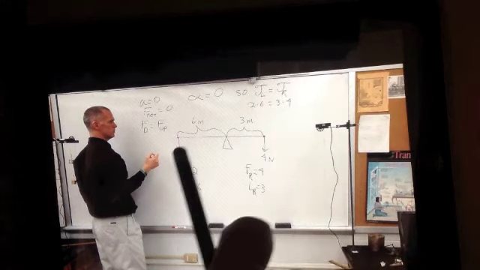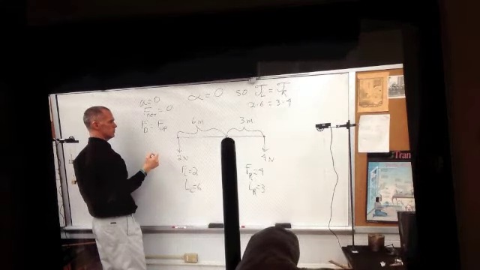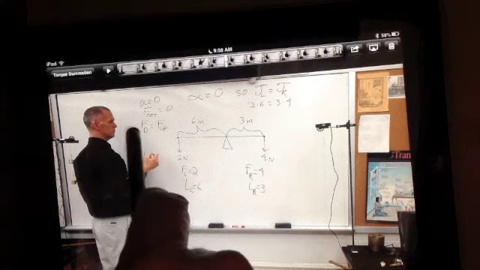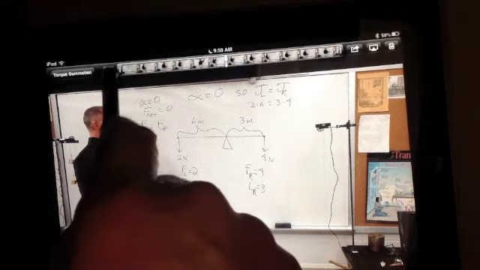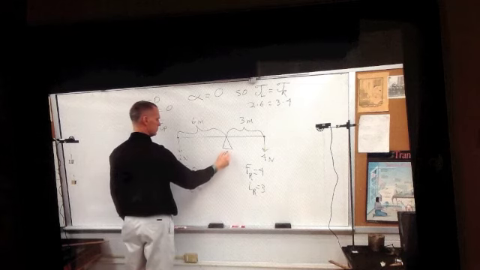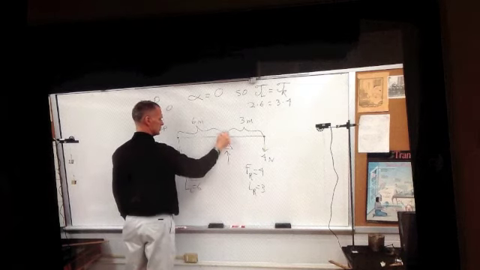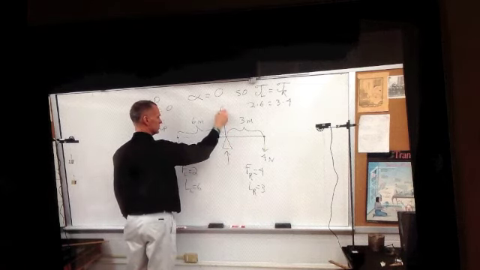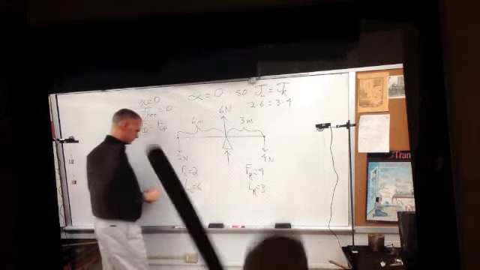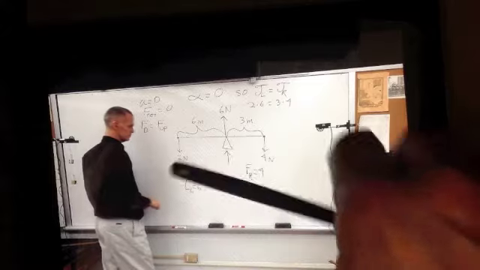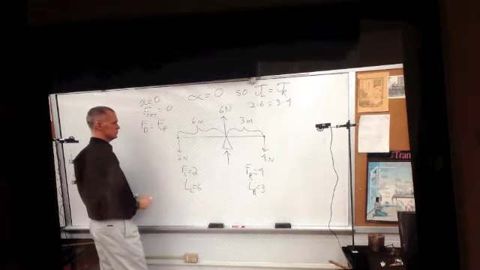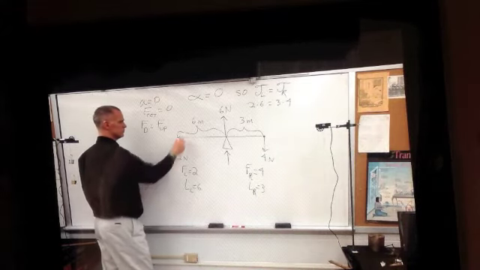Well, my force pushing down is going to be 6, so the force pushing up right here at the fulcrum is also going to be 6. So I can draw a force in there of 6 newtons going up. So my torques are balanced and my linear forces are balanced.